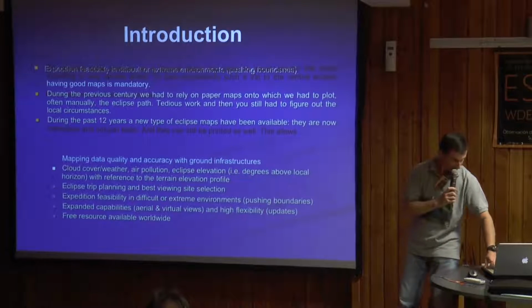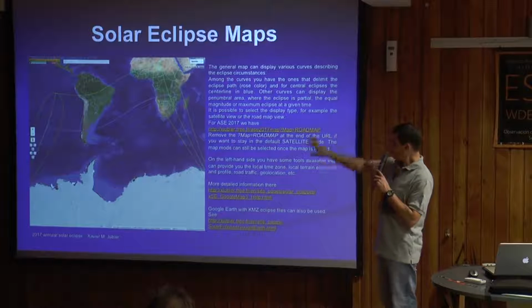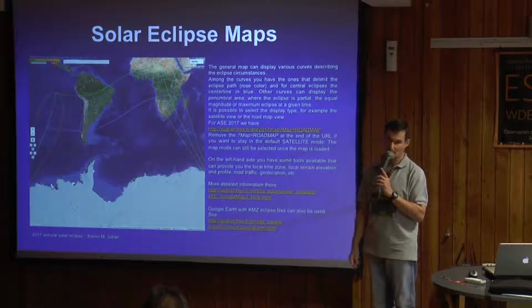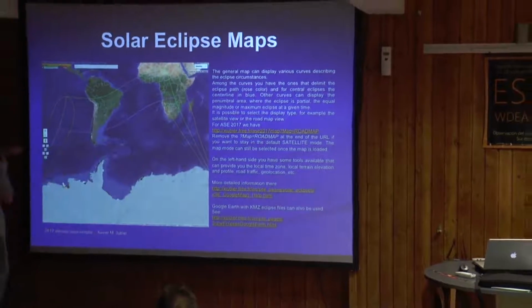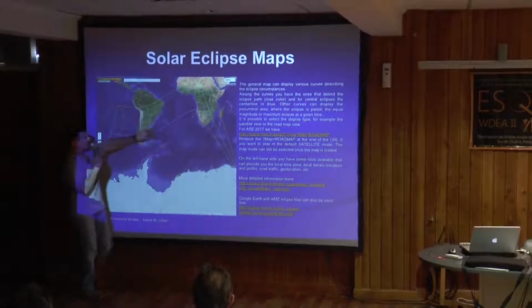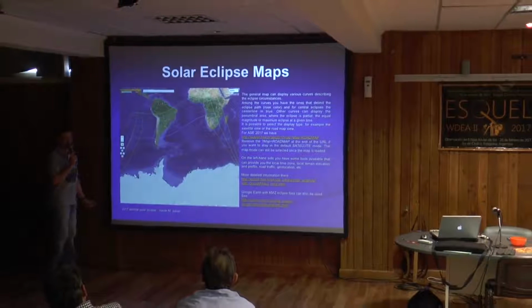So let's go now to the map. This is the general map of the eclipse coming next Sunday. The part between the two pinkish lines is what we call the central eclipse path.